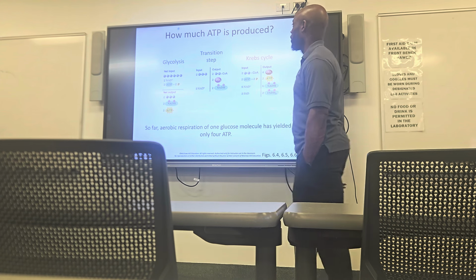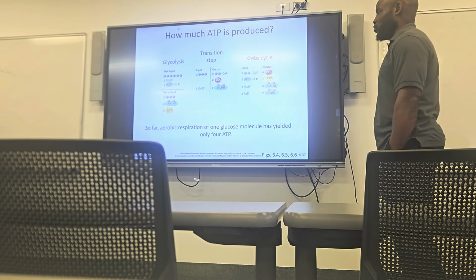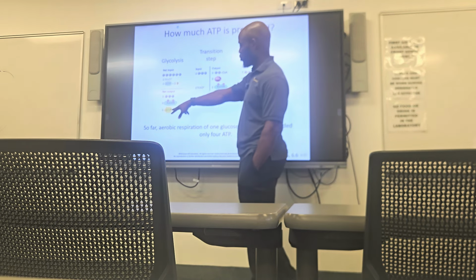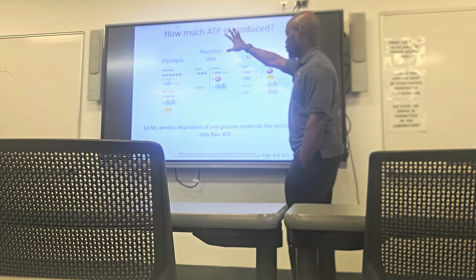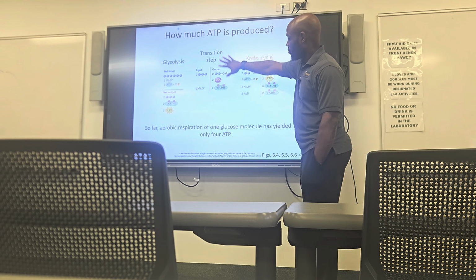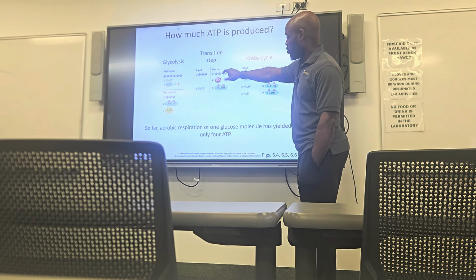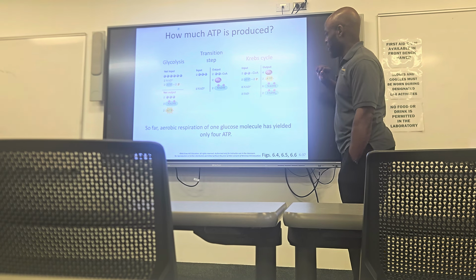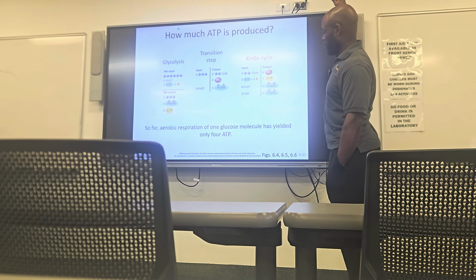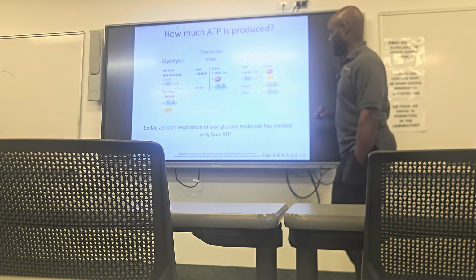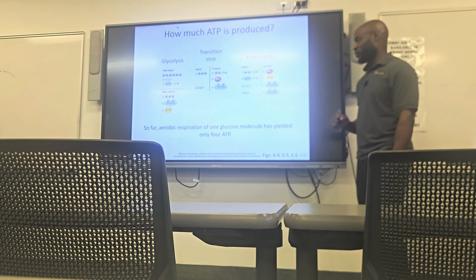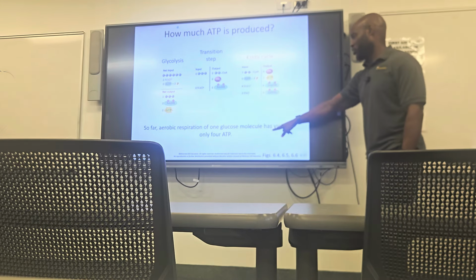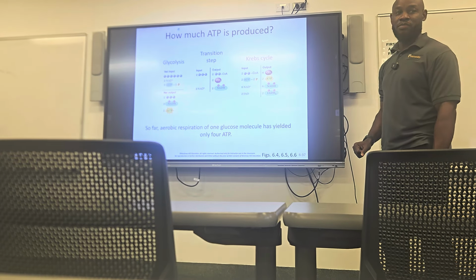All right, so how much ATP is produced so far? Glycolysis: we used up 2, but we made 4, so we made 2 ATP. We have this transition step where we get to the acetyl-CoA from the pyruvate, and then we have this Krebs cycle, which makes 2 more ATP, carbon dioxide, which is going to be a waste, and then NADH and FADH2. All right, so far, aerobic respiration of 1 glucose molecule has yielded only 4 ATP.